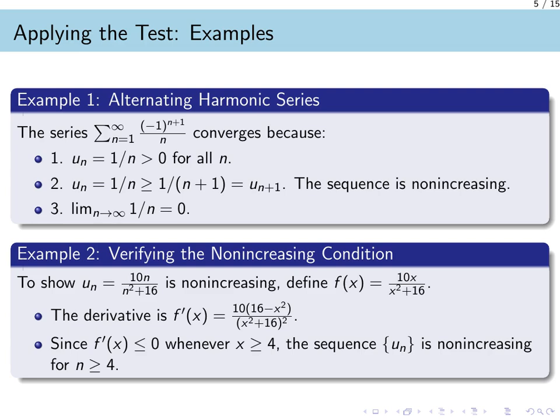For the sequence u sub n equals 10n over the quantity n squared plus 16, we can see that its associated derivative is negative whenever x is greater than or equal to 4. This proves the sequence is non-increasing for n greater than or equal to 4, satisfying the condition. Using the derivative is a reliable way to check the non-increasing condition when it is not immediately clear.